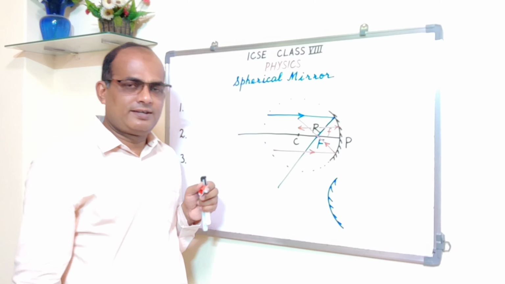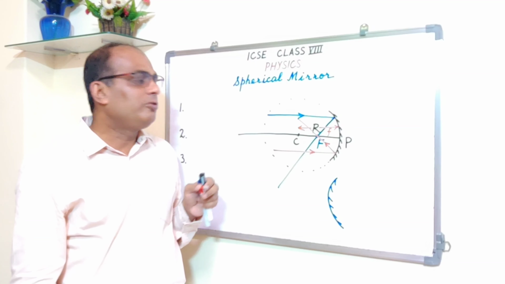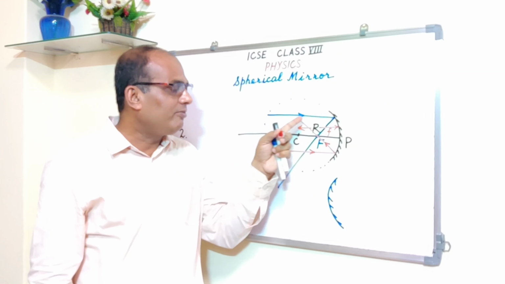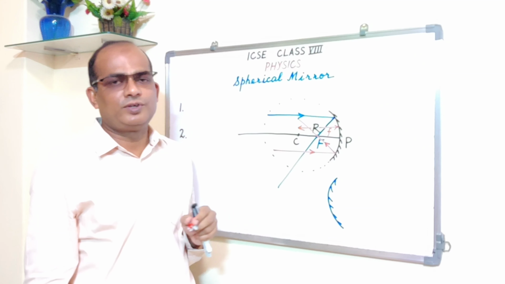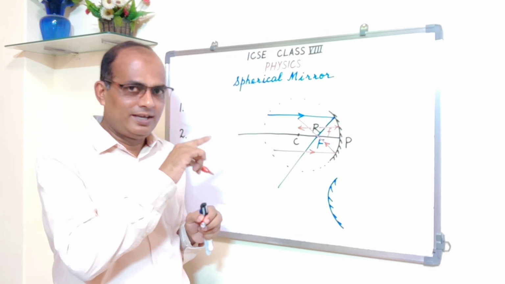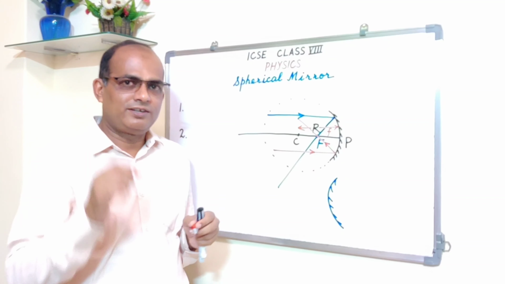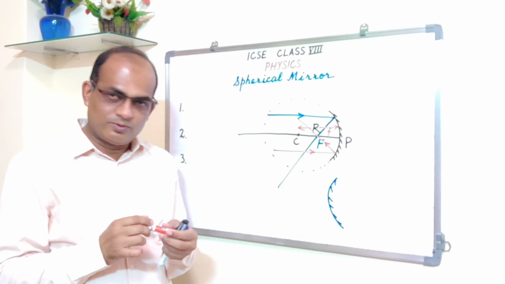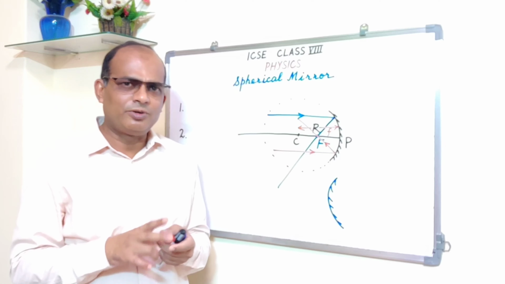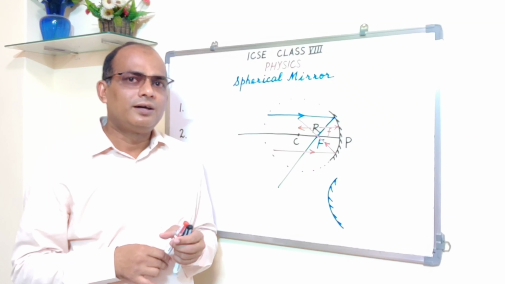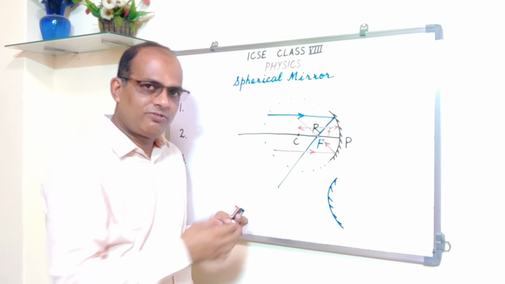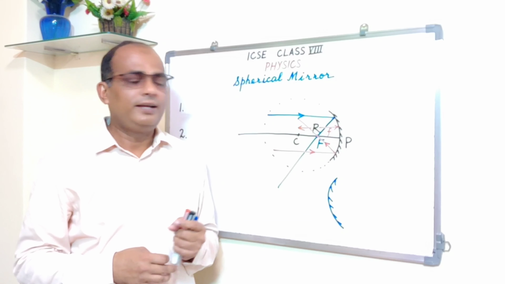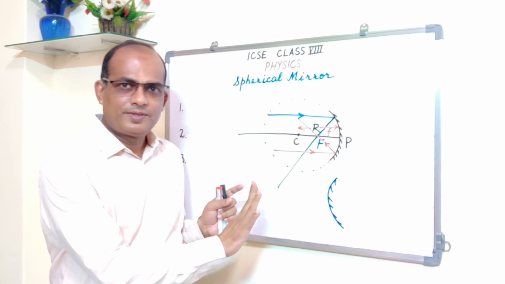Any ray of light which is parallel to the principal axis, after reflection from the concave mirror, will pass through the focus. And this property, this ray, we are going to use for the construction of ray diagram. We will be calling these rules for the construction of ray diagram, or you may call them principal rays for the construction of ray diagram in the case of the spherical mirror. Alright, so this is clear?